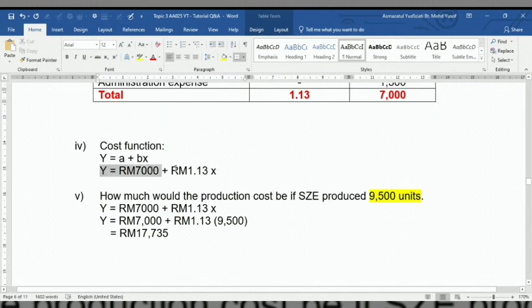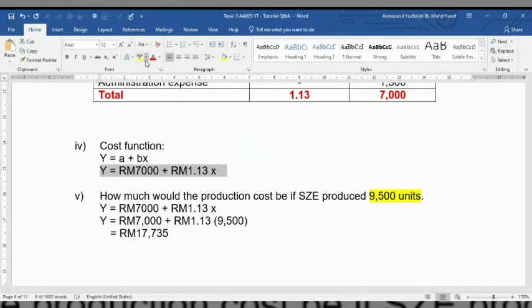So the cost function will be y equals to RM7,000 plus RM1.13x. You have to put x at the behind.